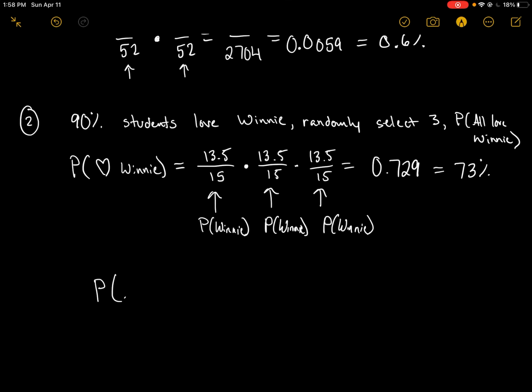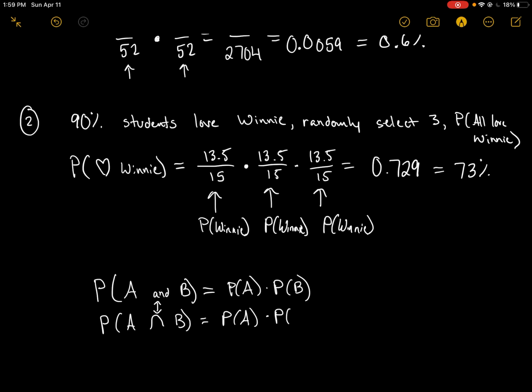So as a final summary here, the way that we write down this notation, this is our multiplication rule, is the probability of A and B equals the probability of A times the probability of B. And in this case, sometimes you might see this written on the state test as the probability of A intersection B. These two things basically mean the same thing.